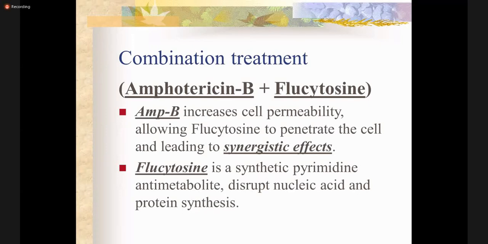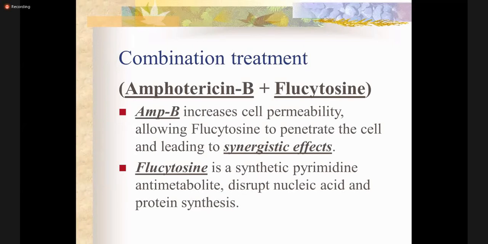So this allows other drugs to move inside the fungus. The first work is done by amphotericin B, which causes the leakage in the cell membrane, and then this pore formation allows other drugs to move inside. Flucytosine then easily penetrates and causes its effect. Flucytosine is basically a pyrimidine antimetabolite, meaning that it works on DNA, and that's how it disrupts nucleic acid and protein synthesis.